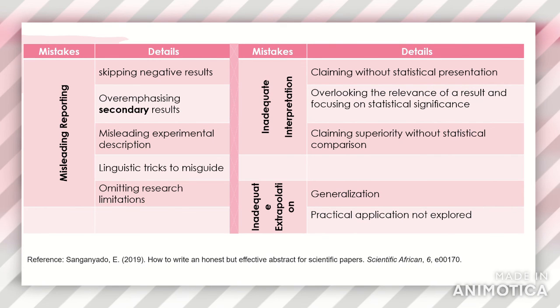So you have to mention that. Practical application not explored: you are doing something and you are not thinking about the actual application of this work, where it can be implemented, how it can be used for mankind or any other kind of research work. But it must have some use. So that must be explored.